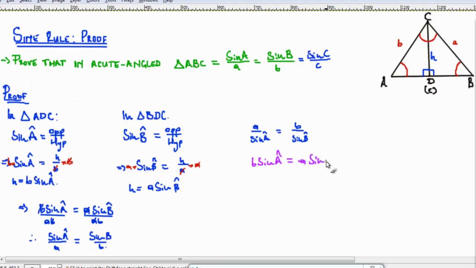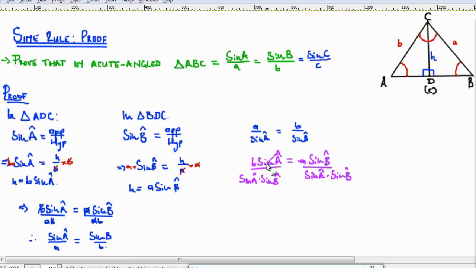The difference is that instead of dividing by ab, we divide by sine of A times sine of B on both sides.